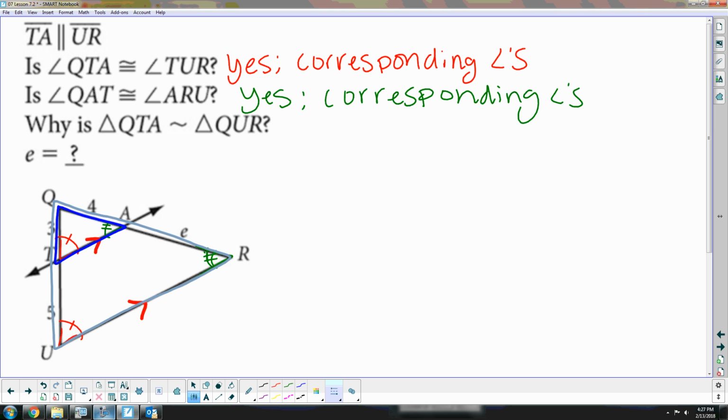These two are similar because they have two sets of corresponding angles. So yes, they are similar, first of all, because corresponding angles in the two triangles are congruent. So then lastly, if we know that these two triangles are similar, we need to solve for E.